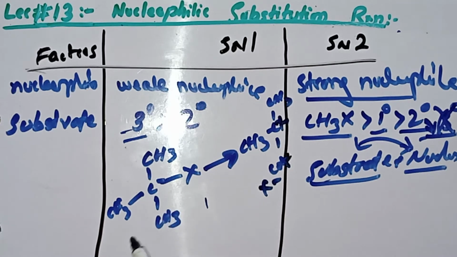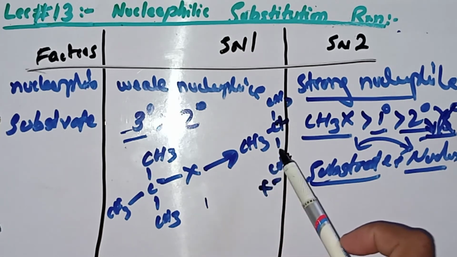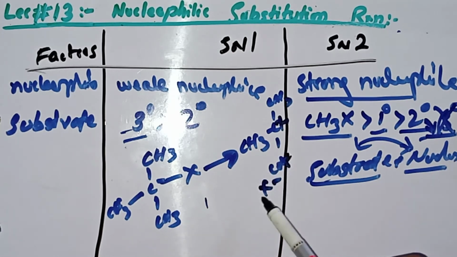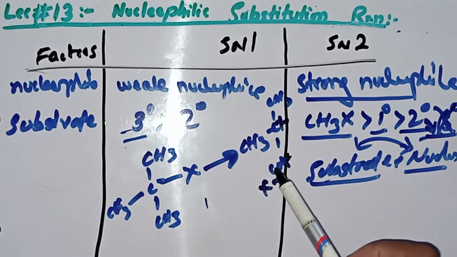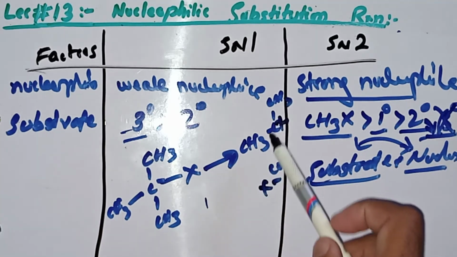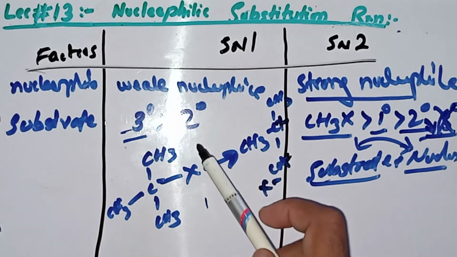So compounds with more electron donating groups attached to the carbon undergo SN1 reaction very fast, because carbocation formation occurs easily: a stable carbocation is produced here as compared to the 2-degree alkyl halide.